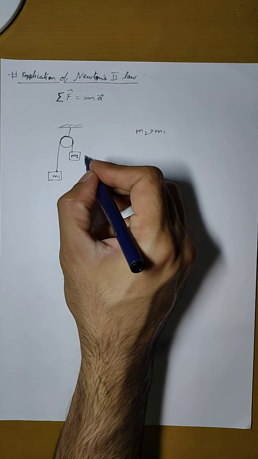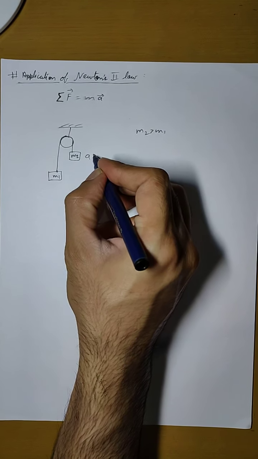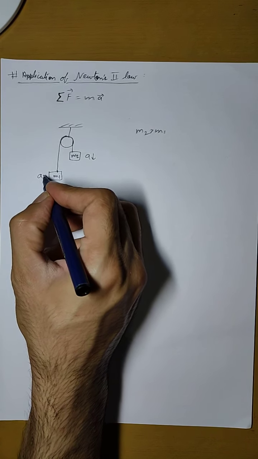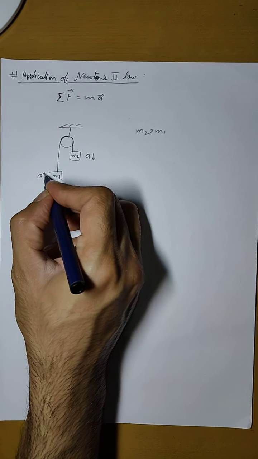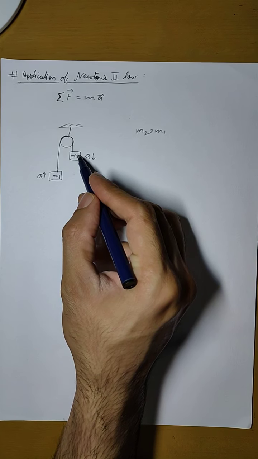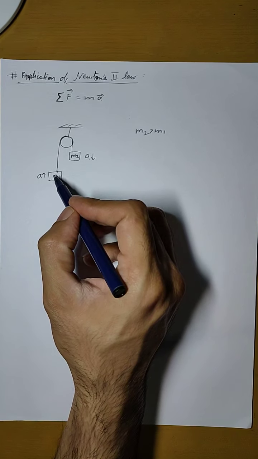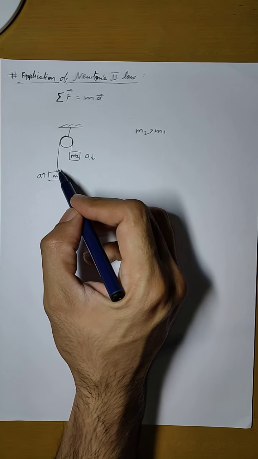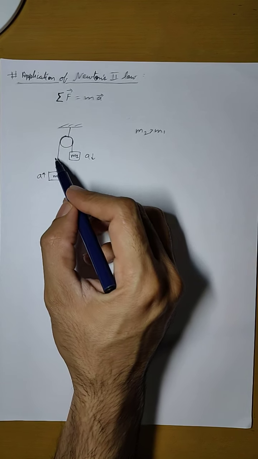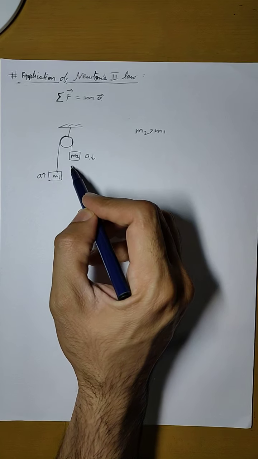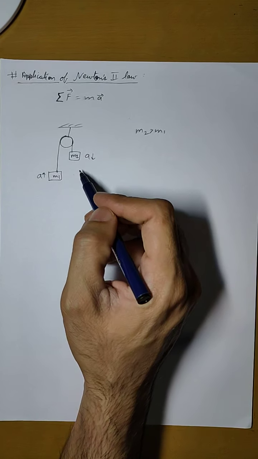The acceleration of m2 will be downward while the acceleration of m1 will be upward. With the same acceleration that m2 goes down, m1 goes up, because it is the same string going over the pulley. So both the bodies will move with the same acceleration.